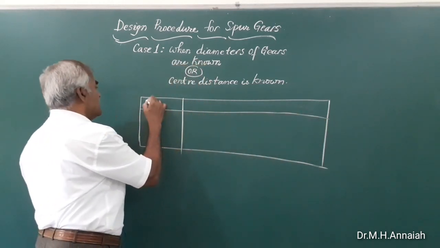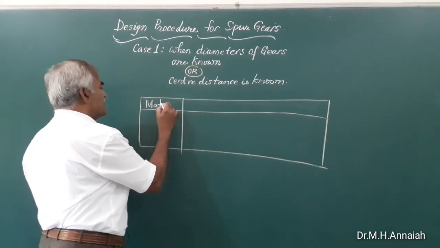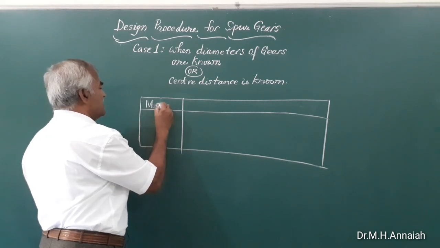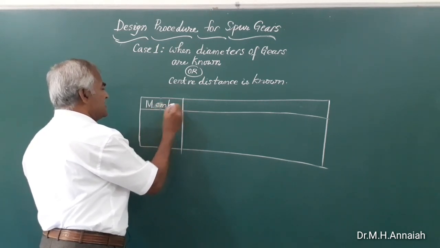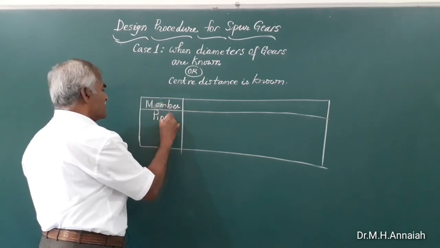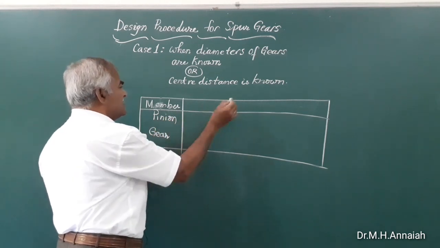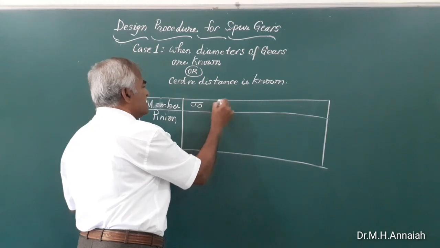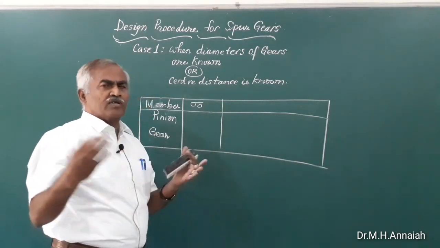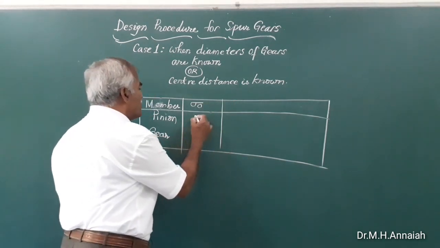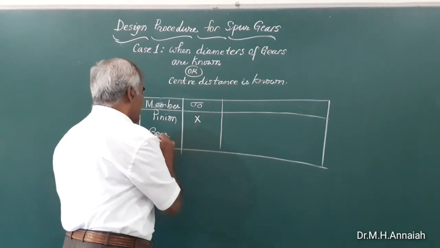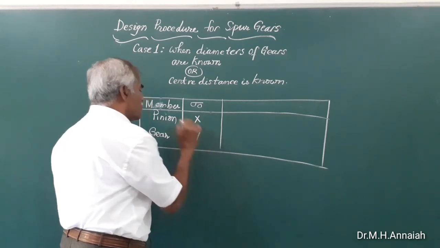Suppose the member one is the pinion, the other is the gear. Say the value of sigma naught, I am not taking any numerical value here, simply I will put this as x, and that for the gear is y.